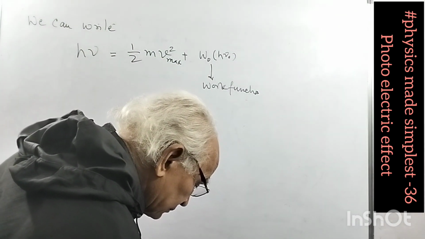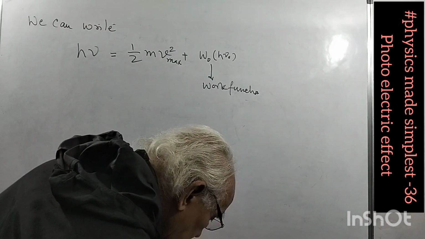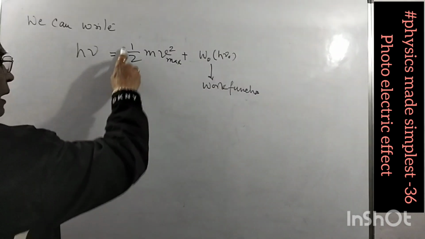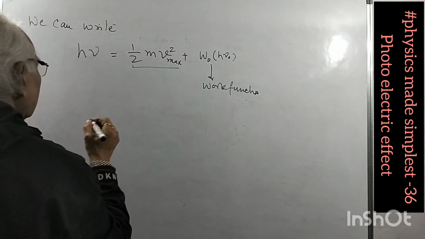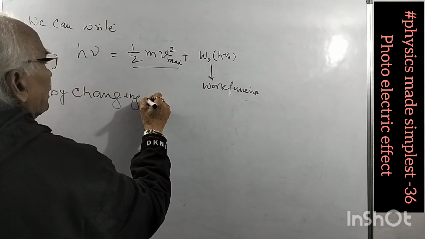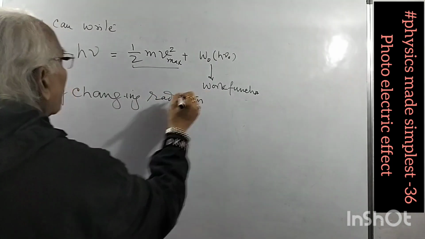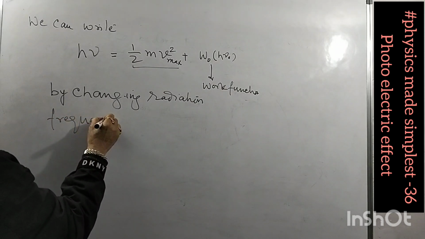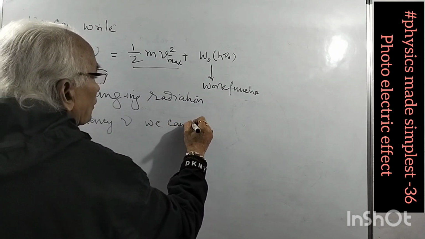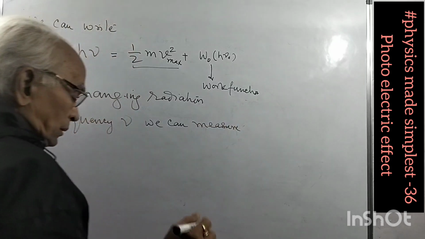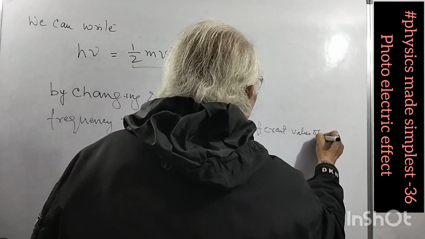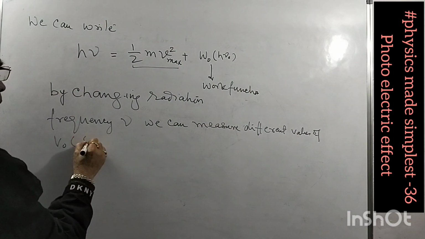One type of experiment that you can do is to increase the frequency and measure this V naught, that is, by changing the light radiation frequency nu, we can measure different values of V naught, that is the stopping potential.